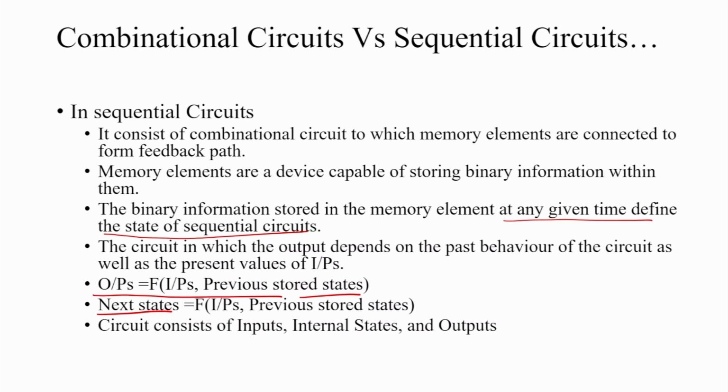So it depends on the input as well as the previously stored state value. This means a sequential circuit consists of inputs, internal states and outputs, while a combinational circuit consists of only inputs and outputs. The additional internal states are the memory elements connected in the form of feedback.